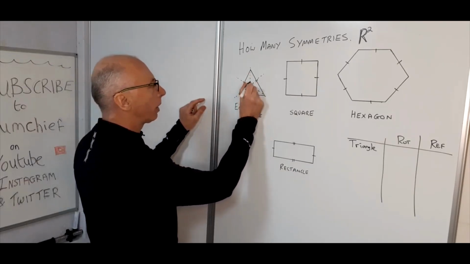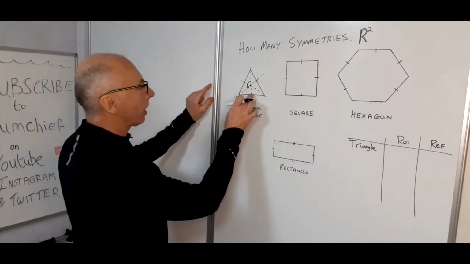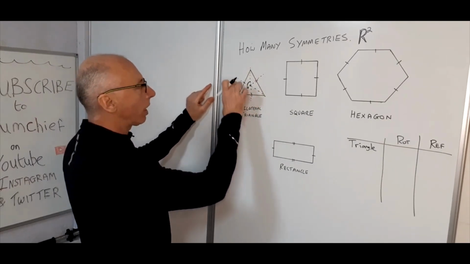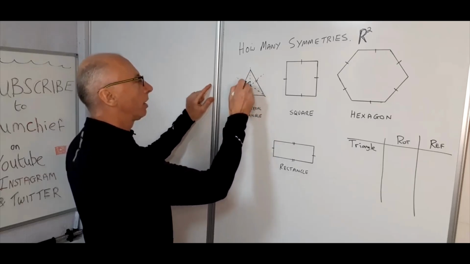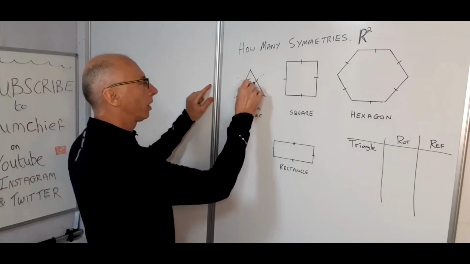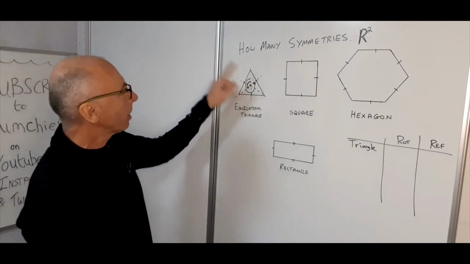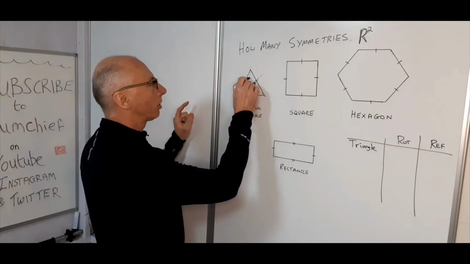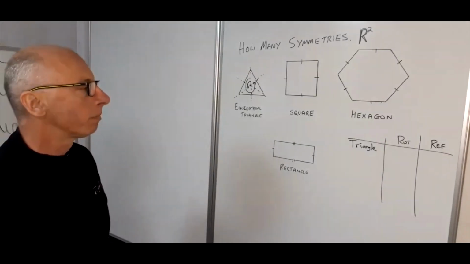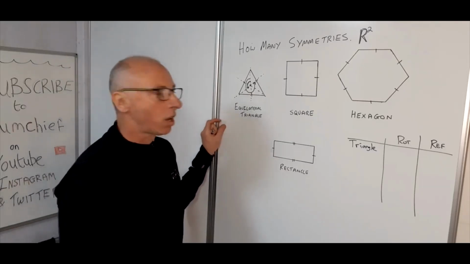So that's our first rotation. And then to get this side onto this side, we can go around twice, so we'll go here to here to here. Then to get back to where we originally started, we can rotate all the way around and do one full turn. So the rotations here we've got are three.